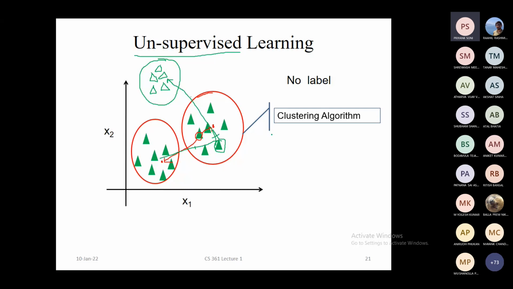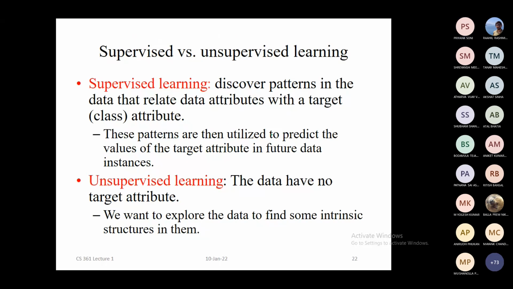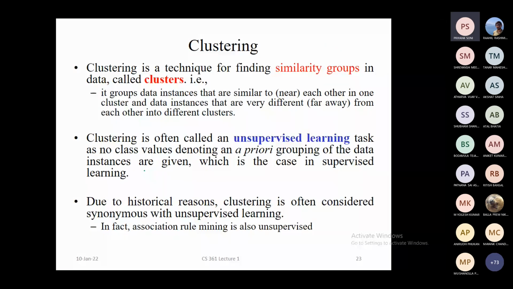And the Euclidean distance in this case is basically the deciding criterion, the distinguishing characteristic. Okay. So clustering is often called an unsupervised learning task, and no class values denoting an a priori grouping of the data instances are given, which is the case in supervised learning. So in that way it is different from supervised learning. No a priori information or labeling information is given.